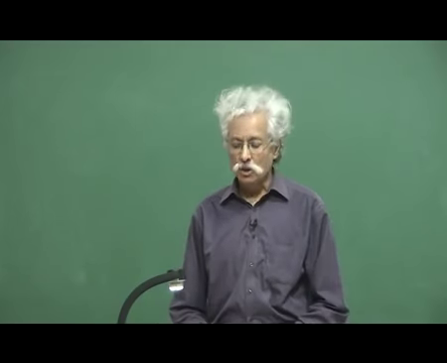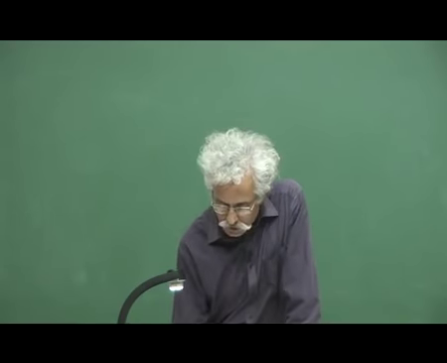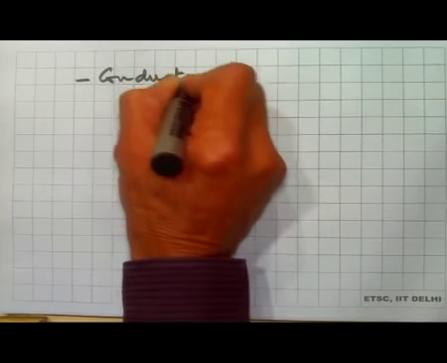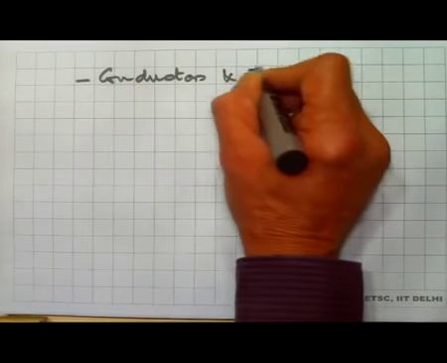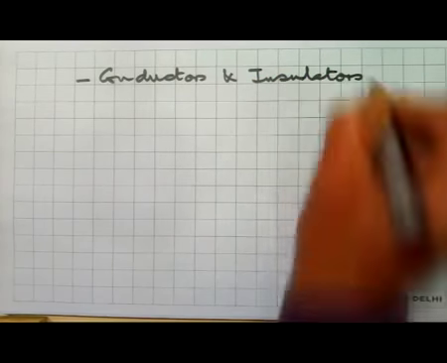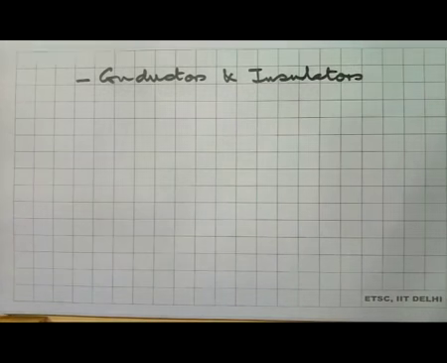We then introduce the concept of conductors and insulators. Conductors are those substances in which there are free electrons that can move within the material.